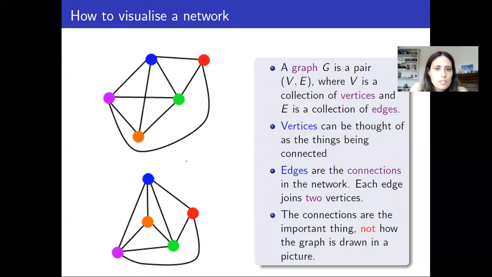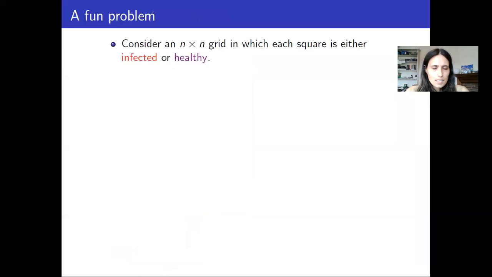Okay, so let's start with a fun problem, and we'll see a bit later why this is related to the question about how you would model the spread of disease in a network. So imagine an n by n grid, and in our grid we've got n squared little squares.